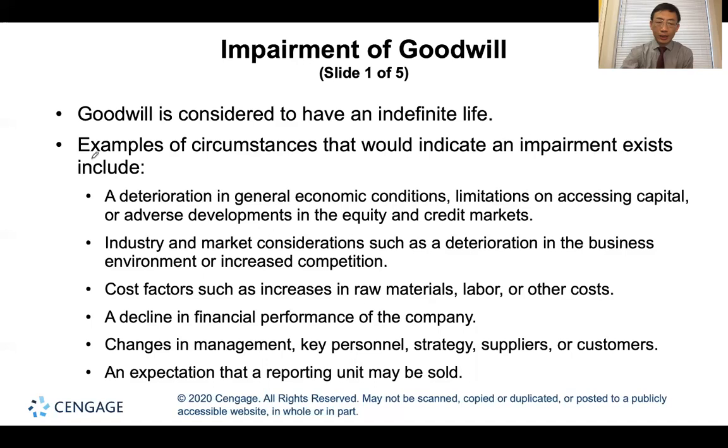The slide shows some examples of when impairment exists, like a deterioration of general economic conditions or industry market considerations, a decline in financial performance of the company, or some key personnel passing away or leaving the company, and so on.